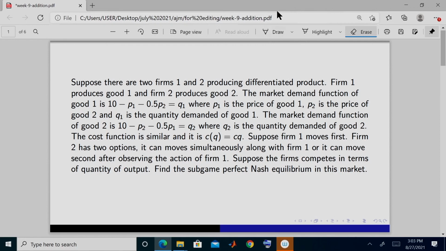Okay. So, we are going to solve this second problem, and this is actually an extension of the first problem.